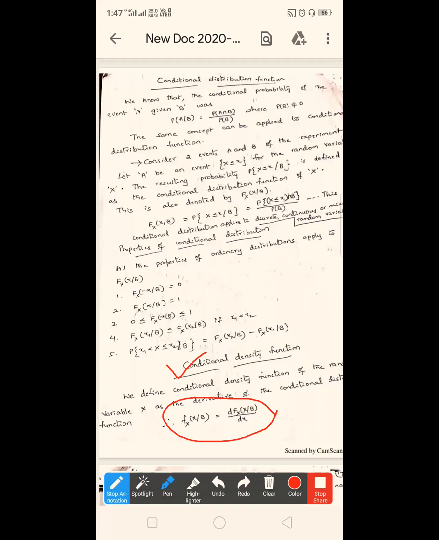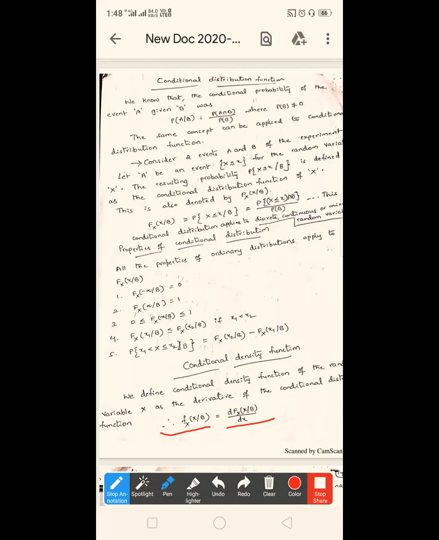This is a conditional density function. For this concept also the same formula is applicable. So density function equals the derivative of distribution function. Similarly, conditional density function equals the derivative of conditional distribution function. This is the relationship between conditional density function and conditional distribution function.